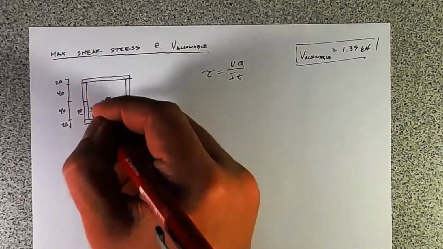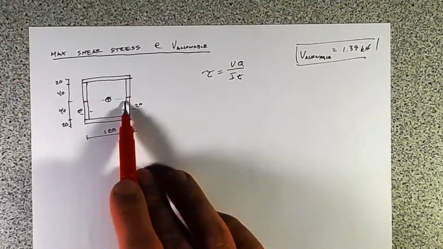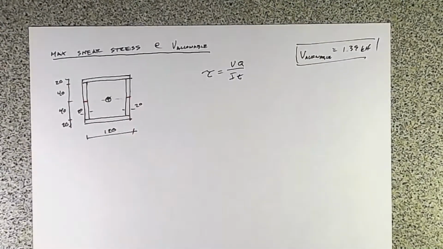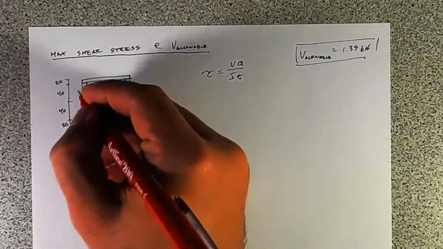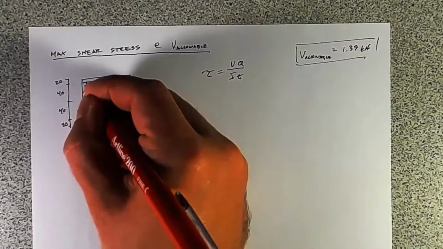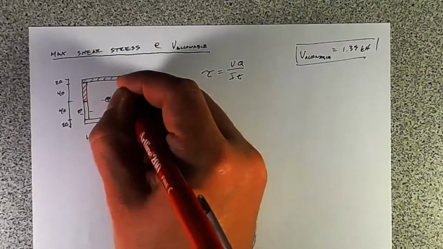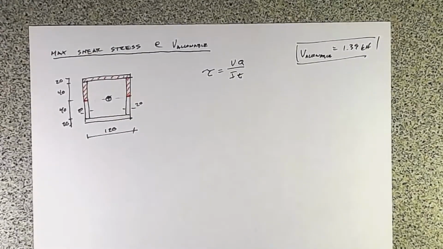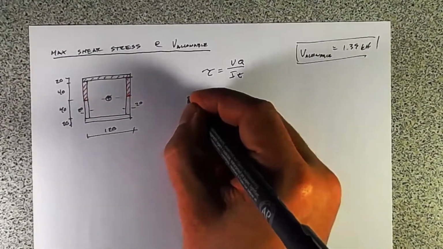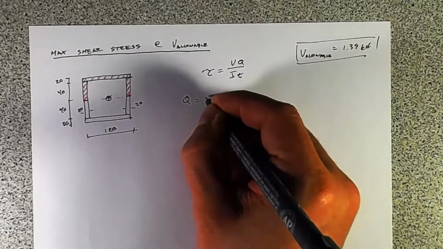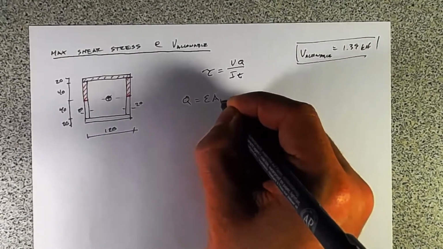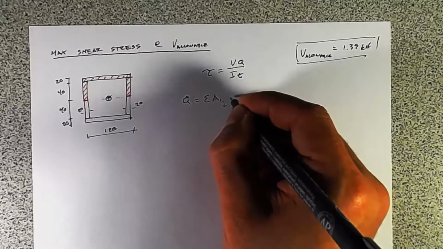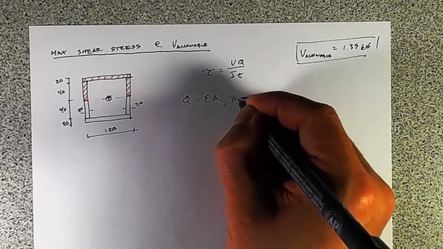And so Q is just going to be the area above the level that you're trying to find the shear stress. So Q is going to be all of this up here. And it's essentially the sum of A1i times Y1i.